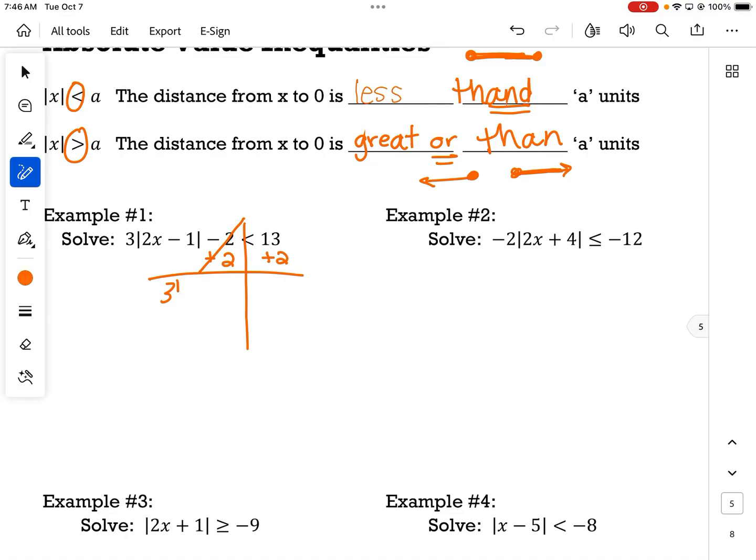So we have 3 times the absolute value of 2x minus 1 less than 15. Then we're going to divide by 3. So now we have the absolute value of 2x minus 1 less than 5.